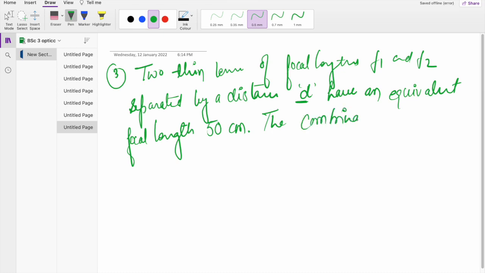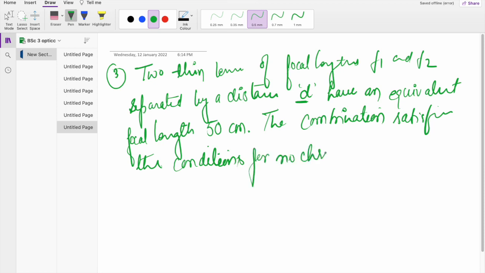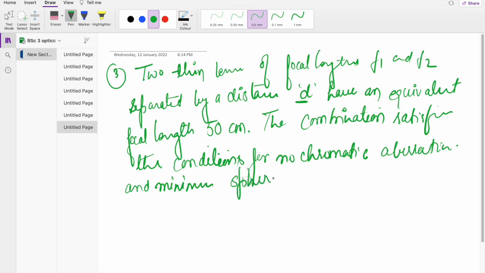The combination satisfies the conditions for no chromatic aberration and minimum spherical aberration.